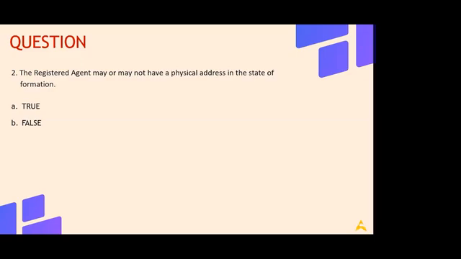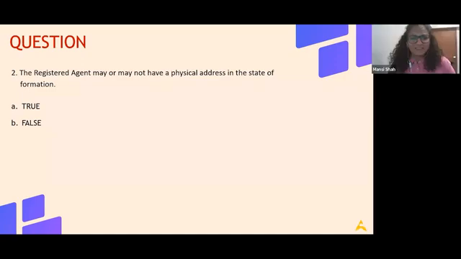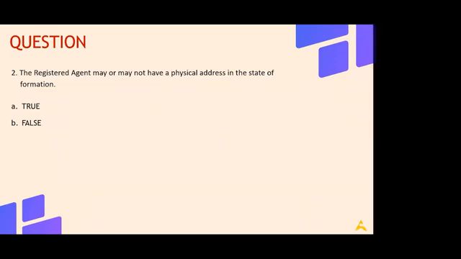They're voting. I think it's a tie between true and false. Some of them think the registered agent may have a physical address in the state of formation. They're still voting. We can't say anything. Some of them think it's not true, some think it's true.